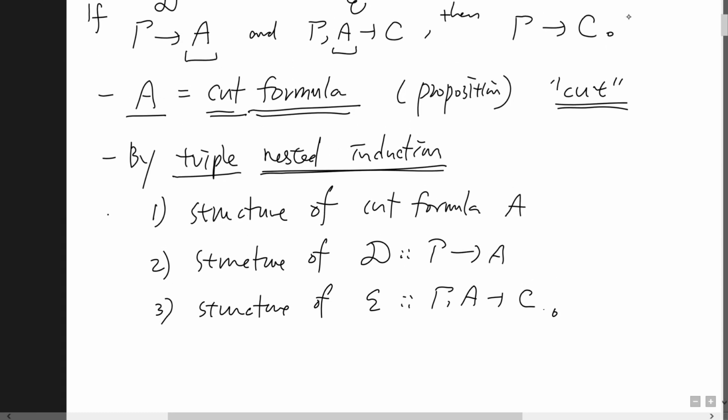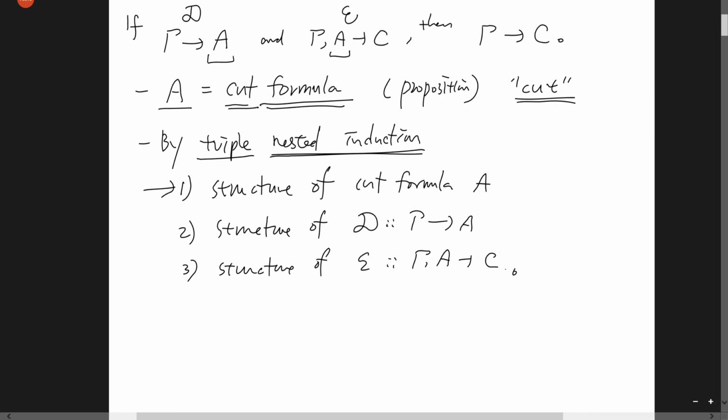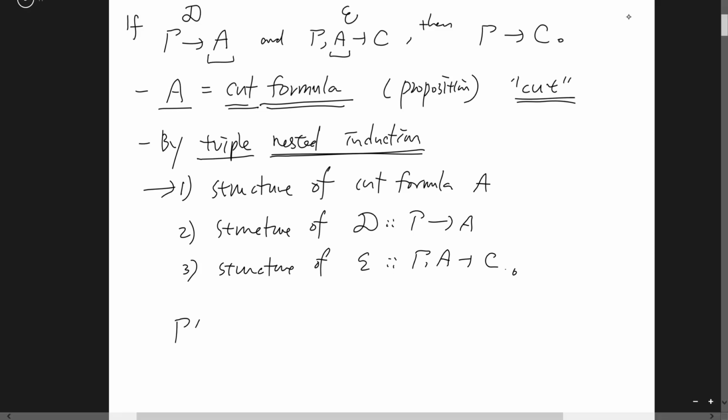What this means is that, let's just say we have another pair of sequents, gamma prime arrow A prime and gamma prime A prime arrow C prime.